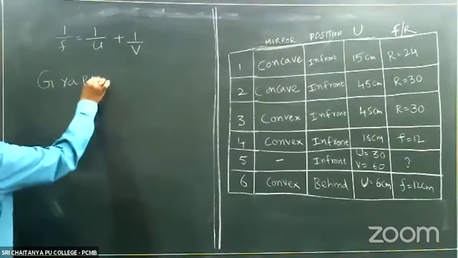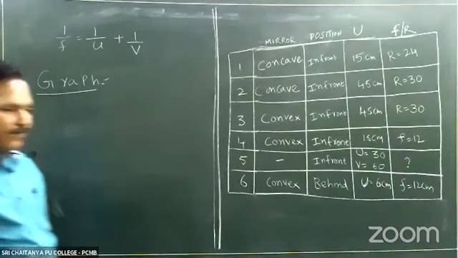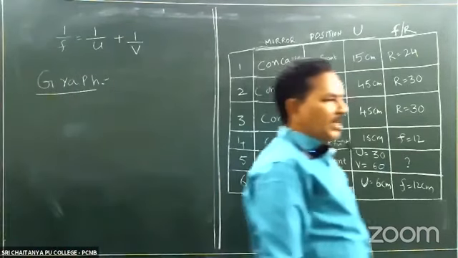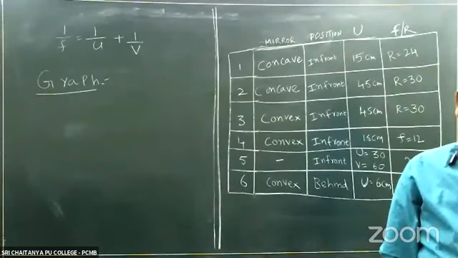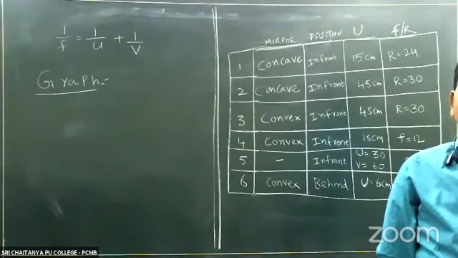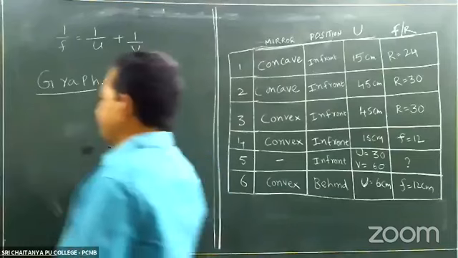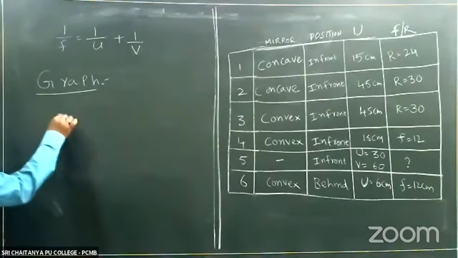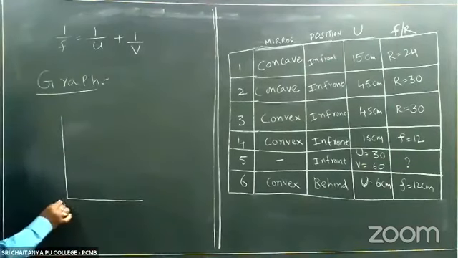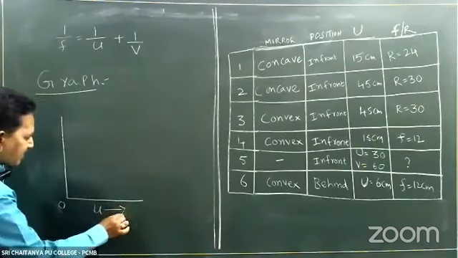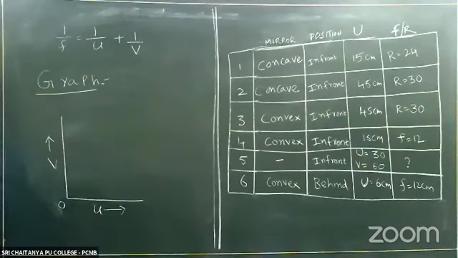From the graph, how to calculate the focal length of the mirror. A graph is to be drawn by taking the object distance along the x-axis and image distance values along the y-axis.